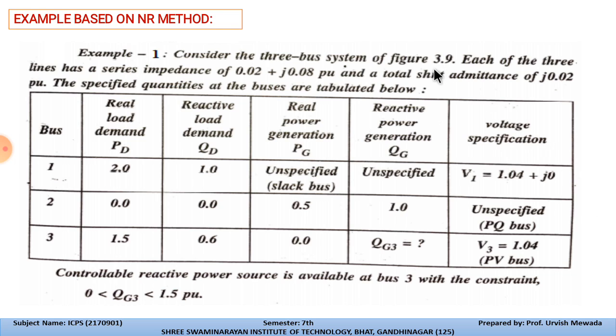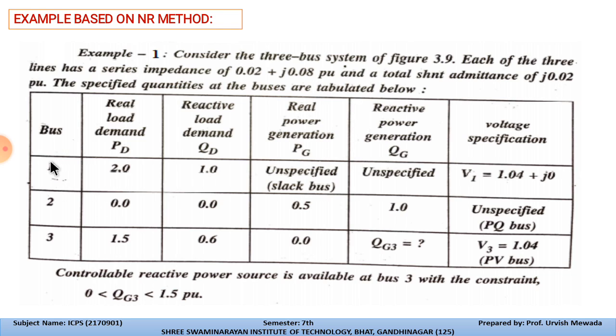Each of the three lines has a series impedance of 0.02 + j0.08 pu, and a total shunt admittance of the line of j0.02 pu. Specified quantities at the buses are shown in tabulated form.